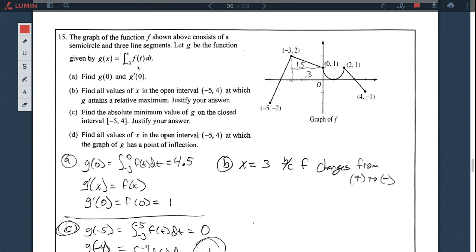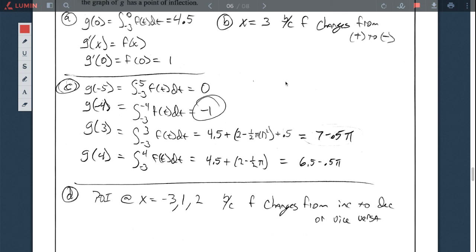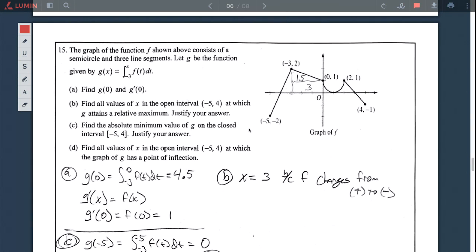And then from negative 3 to 3. We already know from negative 3 to here is 4.5. Then I need to figure out the area of these two pieces right here. So what I did was the area of the full rectangle minus the area of the semicircle. The full rectangle is a 2 by 1, so that's 2.